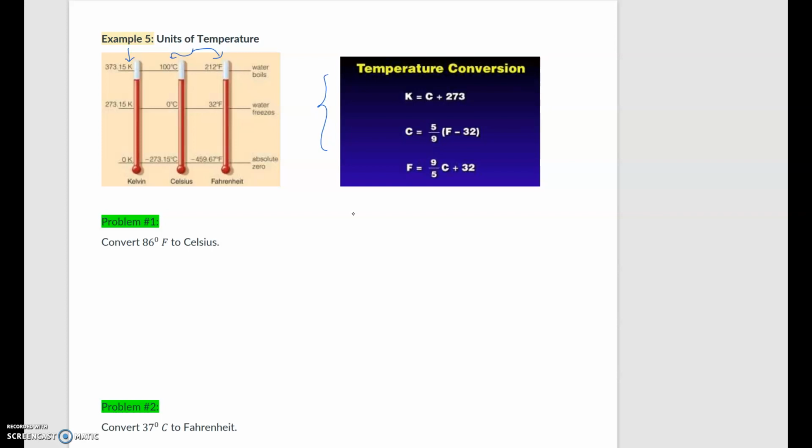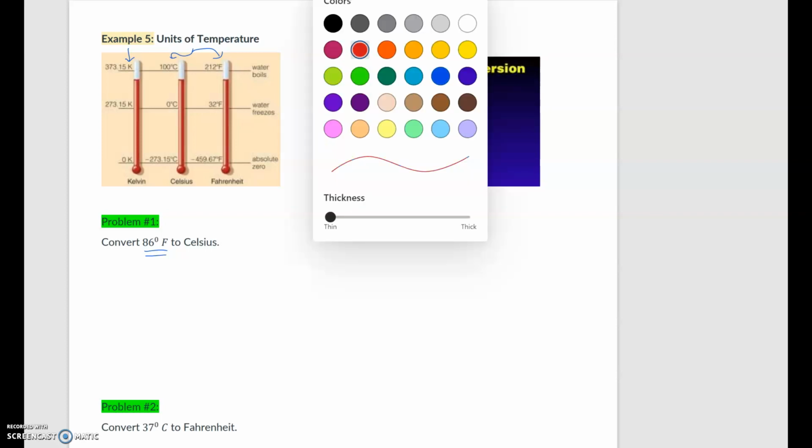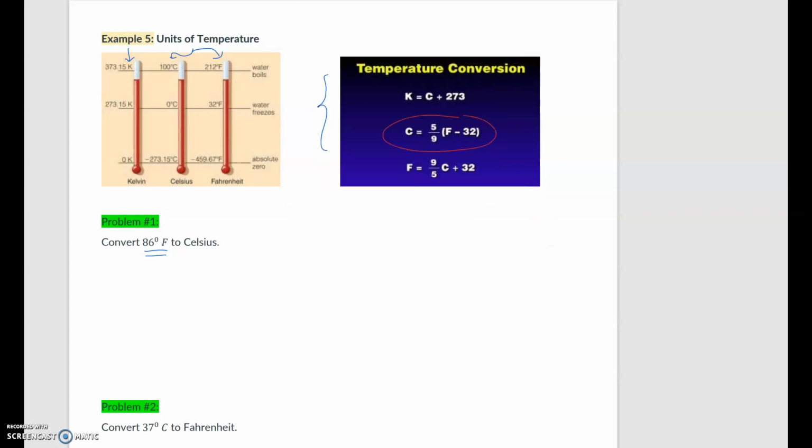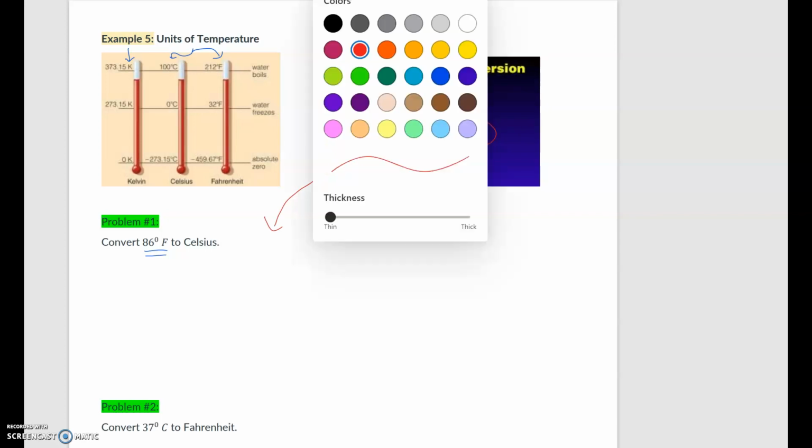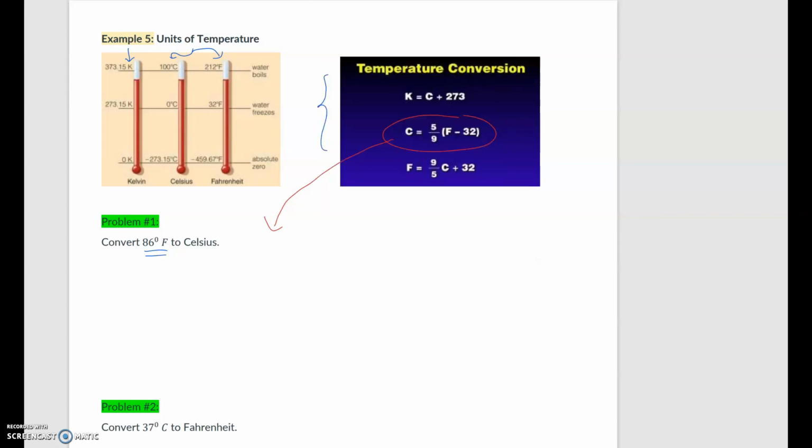They want us to take 86 degrees Fahrenheit and express this as Celsius. So let me use the proper formula. In this situation, I'm just going to rewrite it as C is equal to 5/9 times the value of F minus the value of 32.